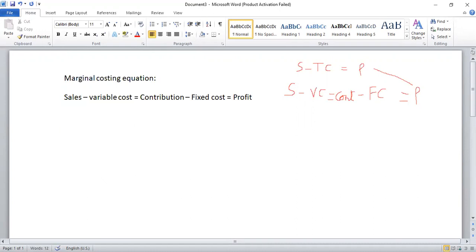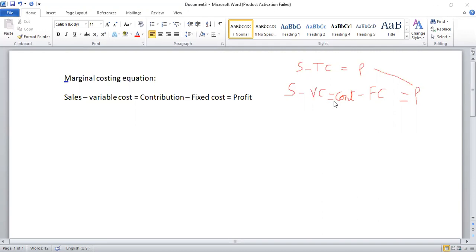Okay, then it is understood that fixed cost is not relevant for decision making. What is relevant for decision making is only the variable cost. Therefore, deducting that, the profit which is earned is called as contribution. So contribution margin is considered as relevant profit, or it is controllable profit based on that various decisions are taken.